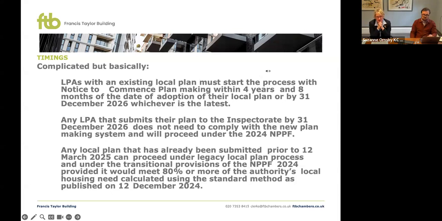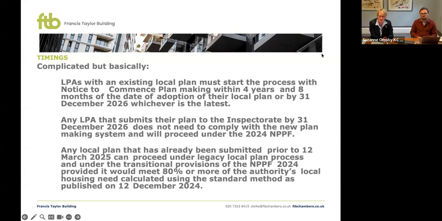So then, finally, to timings. They're complicated, but basically, the position at the moment is this. If you are a local authority with an existing old-style local plan, you have to start the process, the pre-commencement gateway process, which is essentially notice to commence within 4 years and 8 months of the date of the adoption of your local plan, or by the 31st of December of this year, whichever is the latest.